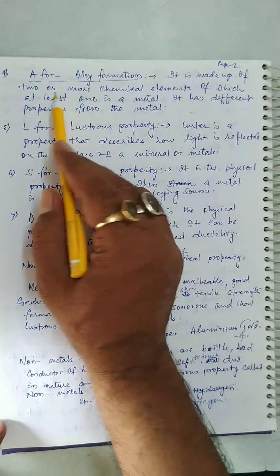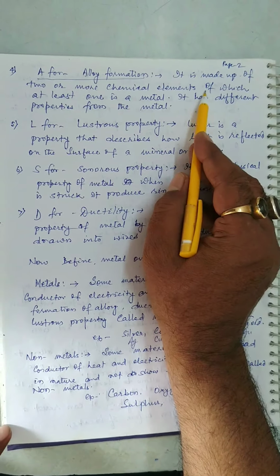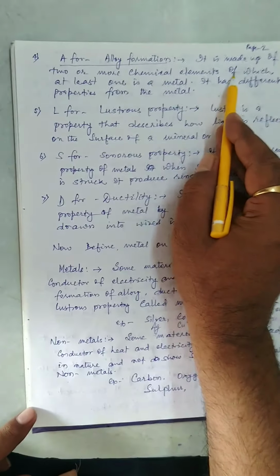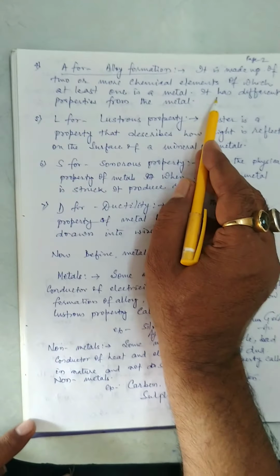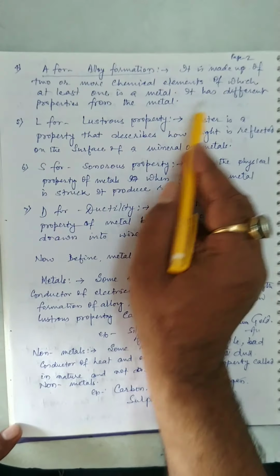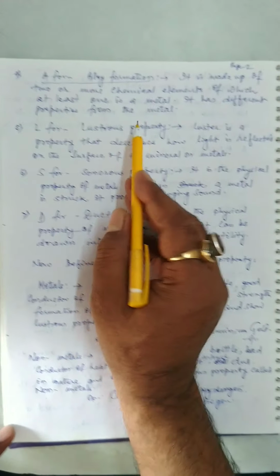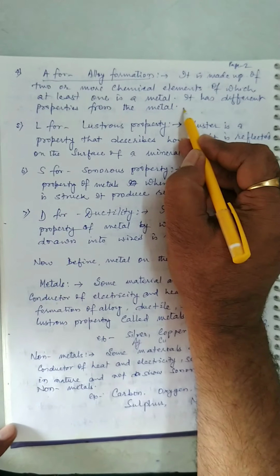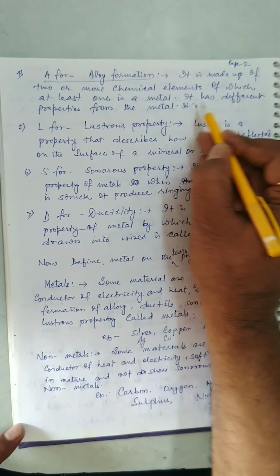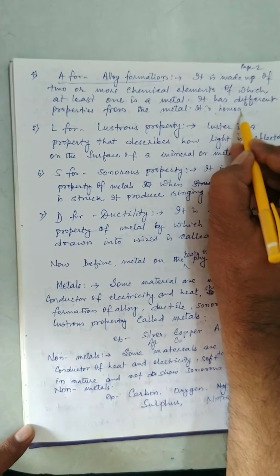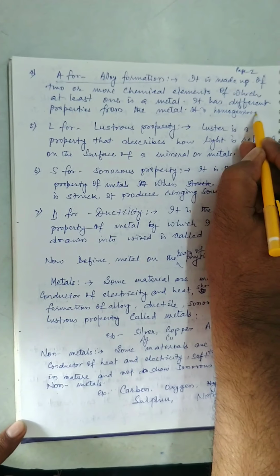An alloy is made up of two or more chemical elements of which at least one is metal. It has different properties from the metals and it is a homogeneous mixture.